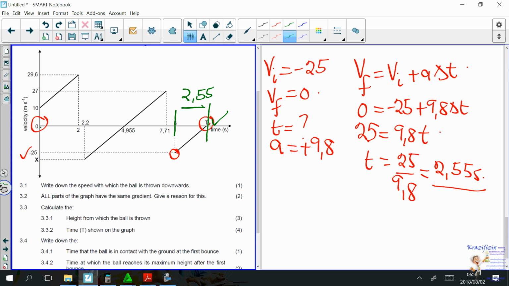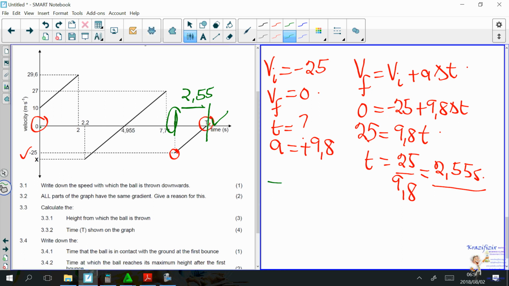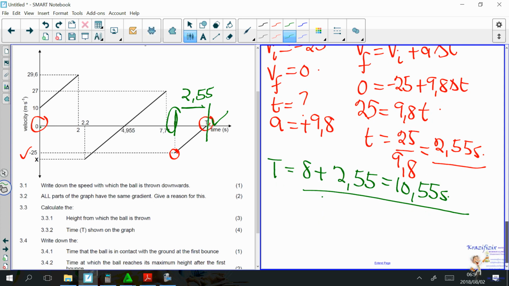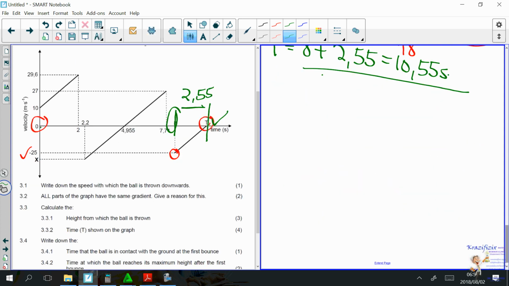If the time from the beginning to this place is 8 plus an extra 2,55, so t now is 8 plus 2,55, and that gives us 10,55 seconds. Done. Beautiful. That's one way. I hope you got that. So please be careful of not forgetting the 2,55 addition.